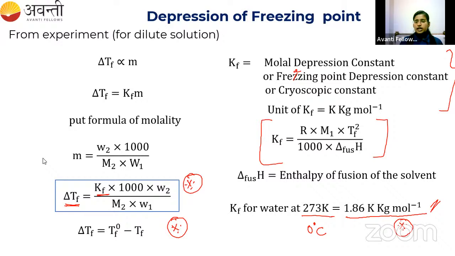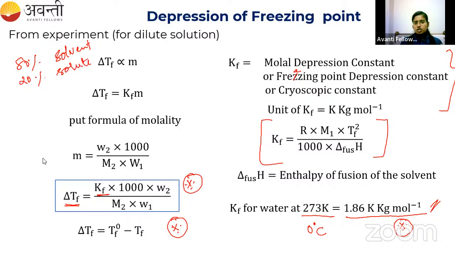Why only for dilute solution? Because we cannot go for the concentrated solution, right? Because here we have a pure solvent. Solvent is the major part. Like we'll have 80% of solvent, and only 20% or 10% of the non-volatile solute present inside the container.